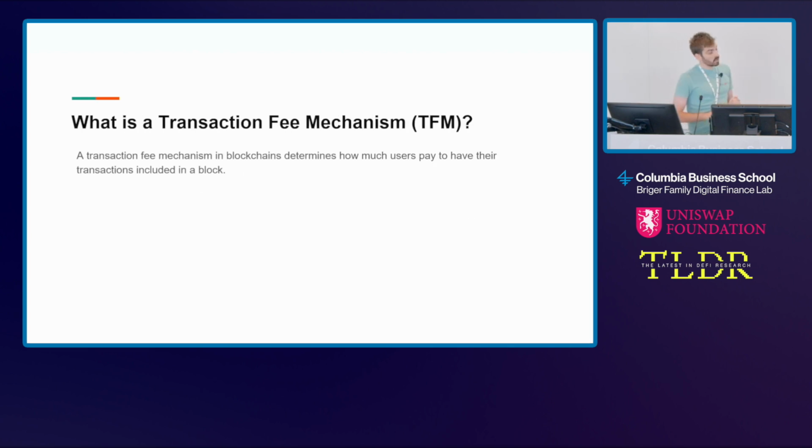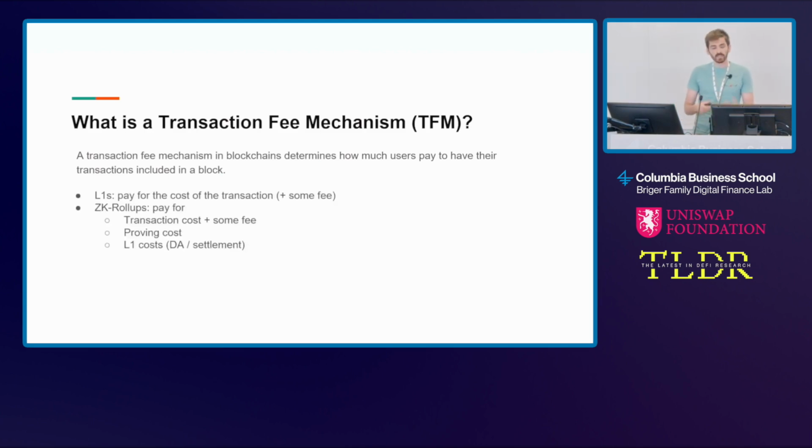So, what is a TFM in general, but also in the rollup context, and why does it differ from L1s? In general, we use a TFM to very intuitively say how much a user should pay so their transaction will be included in some block in the future in the blockchain.